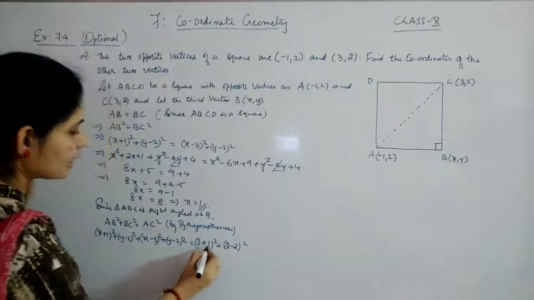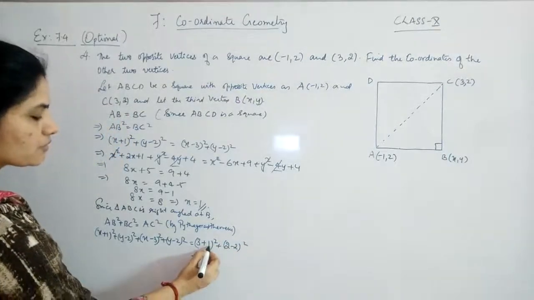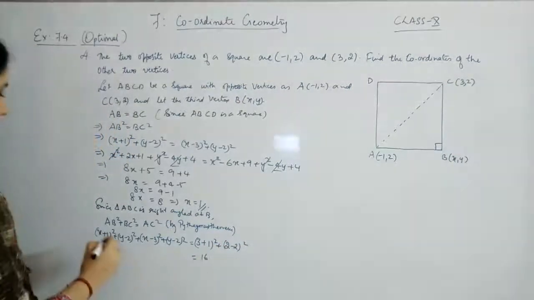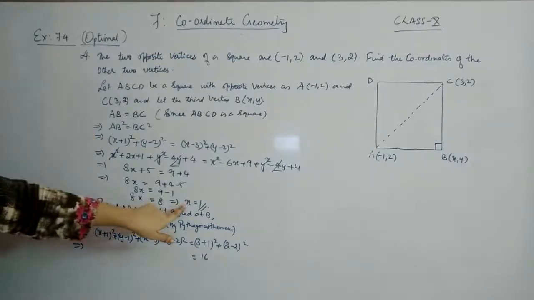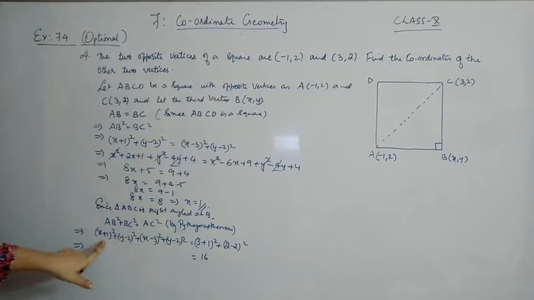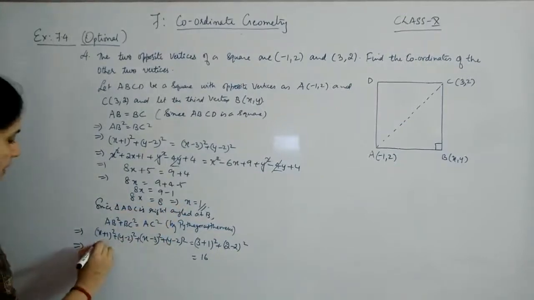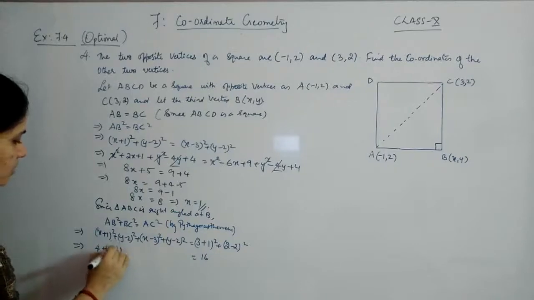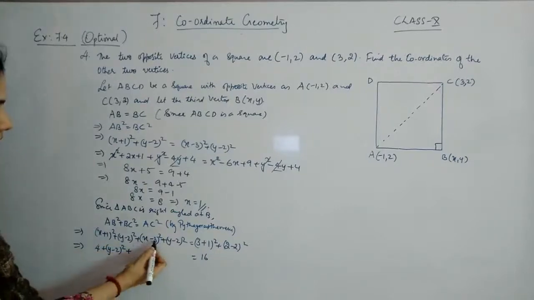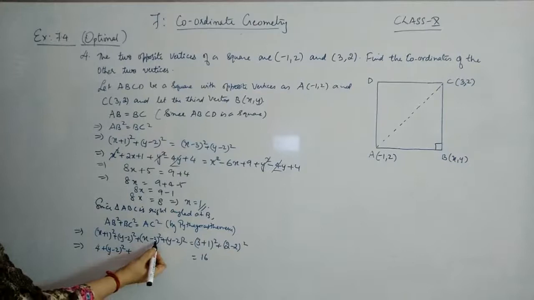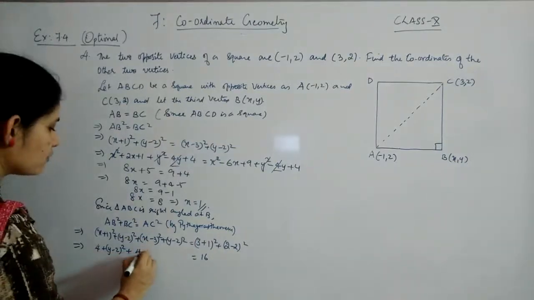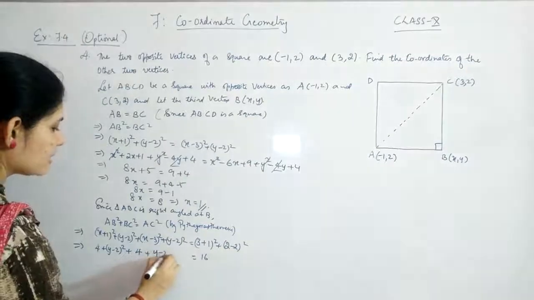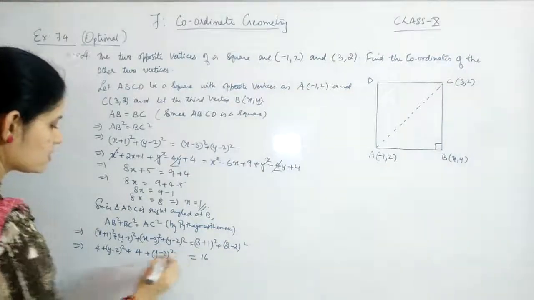So here you will get 3 plus 1 is 4, 4 square is 16, and here you can just replace the value of x which you have got, x is equal to 1, in this part. So this will become 1 plus 1, 2 square which is 4, plus y minus 2 the whole square, plus again here you will have 1 minus 3, which is minus 2 the whole square, again 4, plus y minus 2 the whole square is equal to 16.